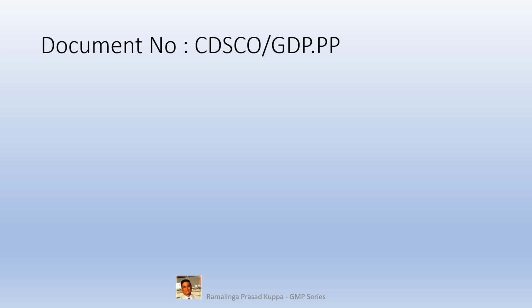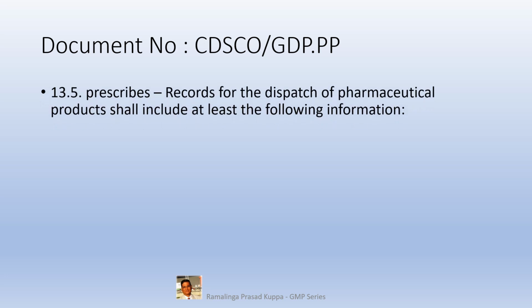Let us see the prescription under the CDSCO GDP document. Section 13.5 prescribes records for the dispatch of pharmaceutical products shall include at least the following information.